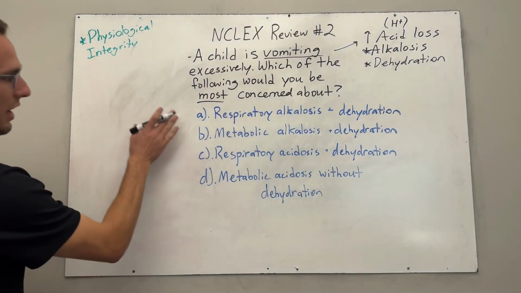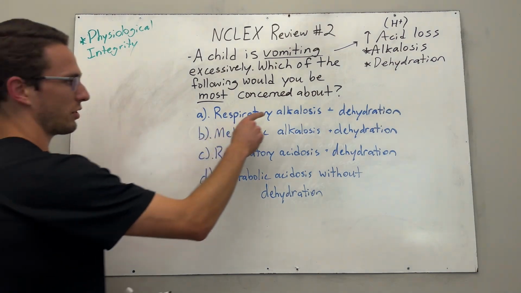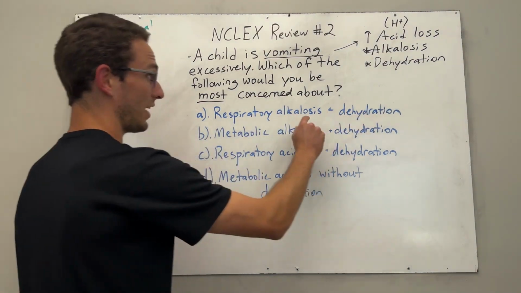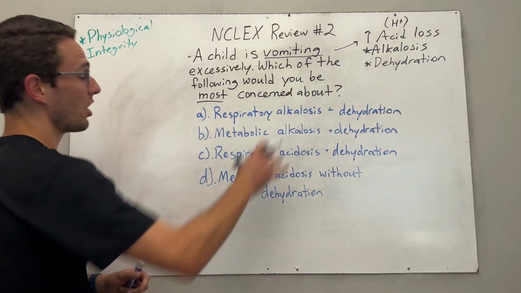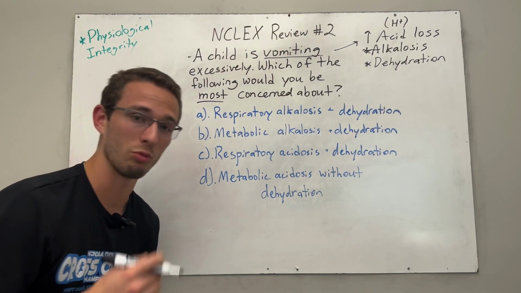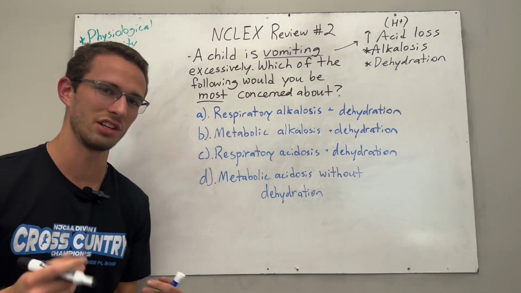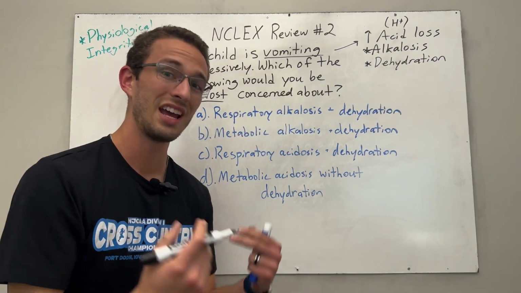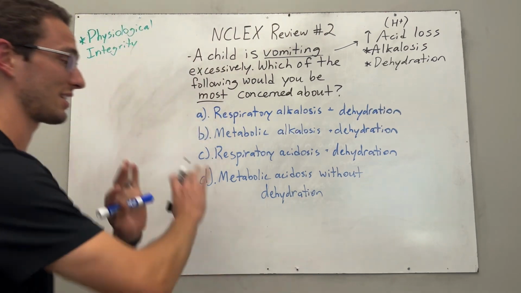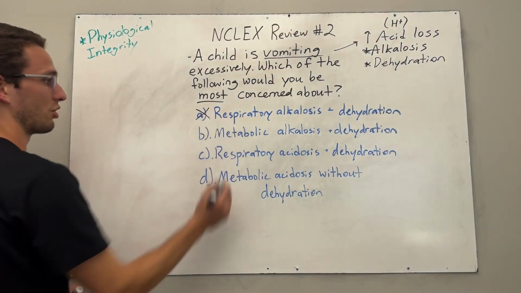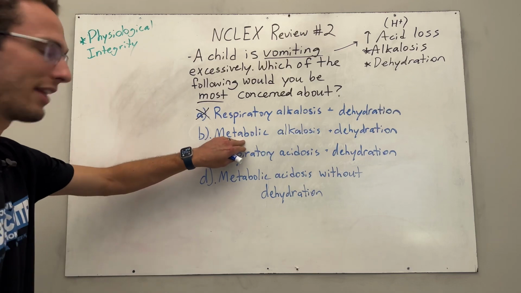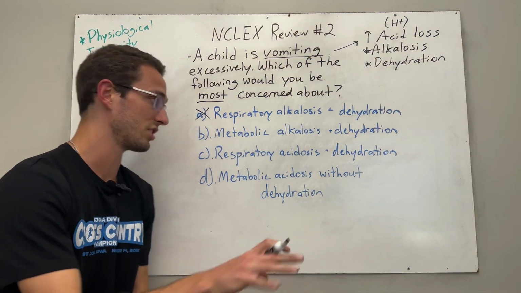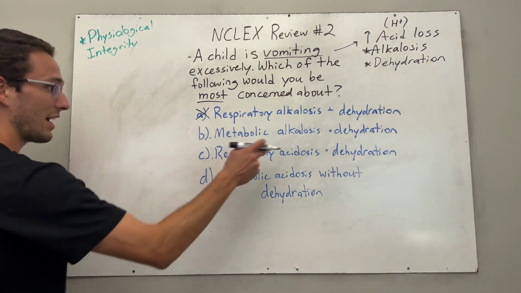So looking here, we've got 4 answers. The first one, respiratory alkalosis and dehydration. They've got the 2, right? But none of this deals with the respiratory system. Remember, respiratory alkalosis and acidosis deals with carbon dioxide and oxygen exchange in your lungs going to your blood, and this has nothing to do with it, so this would be incorrect. The next one, metabolic, which is basically all the chemical reactions in your body elsewhere, right?